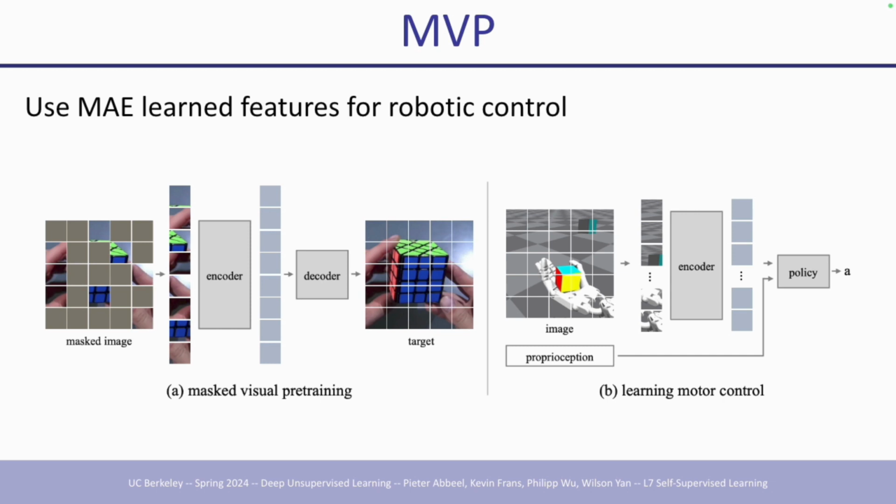They have a procedure that's very similar to MAE, where they take a large video dataset of egocentric hand-focused data that has a lot of object interaction that might be more relevant to robotics, and pre-train an MAE on that. Then downstream, they take the representations from this frozen encoder and try to learn a policy on top of that.